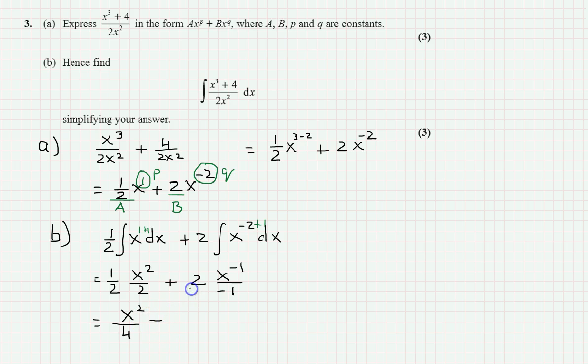So plus, minus minus, 2 x to the power minus 1 is 2 over x, and this is an integration, so don't forget and don't be lazy to write c. You may lose marks if you do not write c. So that is the integration of this. This question was 3 marks. So total 6 marks question, and it's a very easy one.